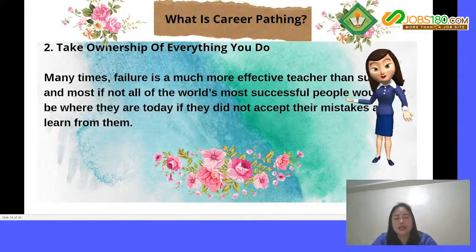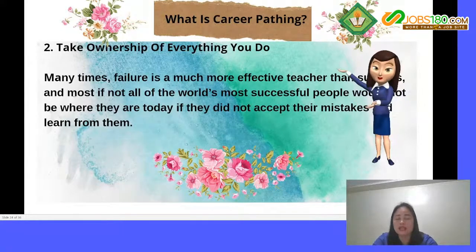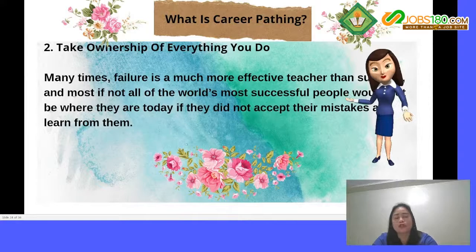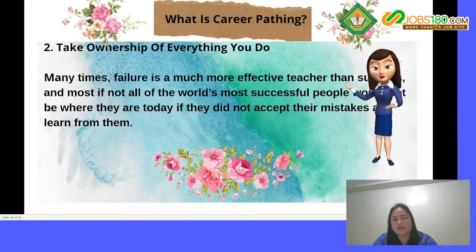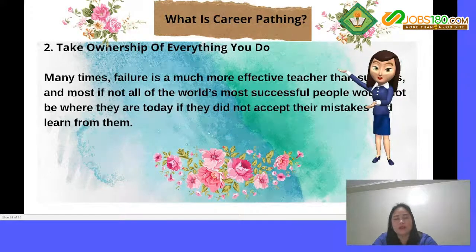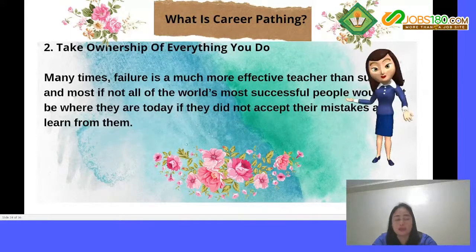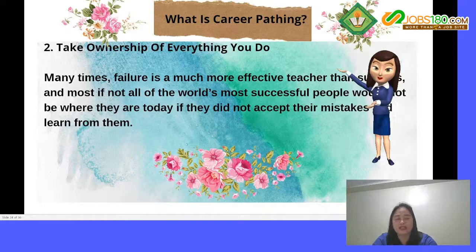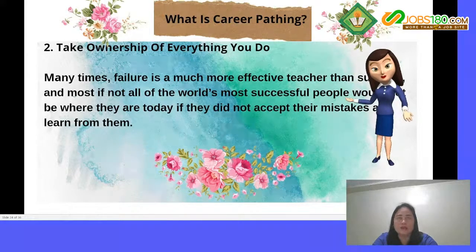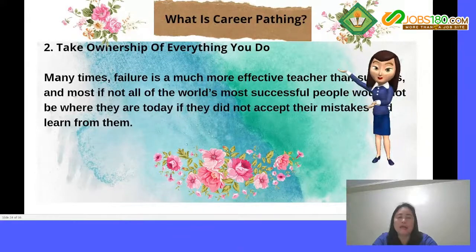Hindi sila kaagad-agad nagiging successful, o hindi naman lahat ng ginawa nila ay tumama kaagad. Lahat tayo ay dumadaan sa failure. Kaya wag tayong maging mababa ang ating sarili pag nakagawa tayo ng isang pagkakamali. Yung pagkakamali natin ay isa lamang proseso upang makamit natin ang ating mga tagumpay.